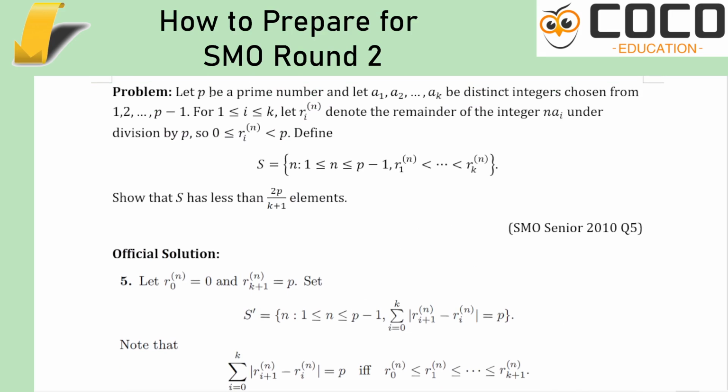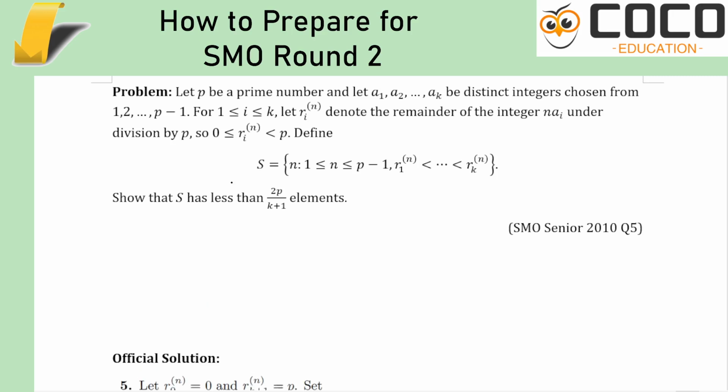Okay, so let p be a prime number. Let a1 to ak be distinct integers chosen from 1 to p minus 1. And for 1 less than or equal to i less than or equal to k, let ri(n) in brackets here denote the remainder of the integer n·ai under division by p. Okay, so what exactly is this notation? Essentially, this ri(n) is just n·ai mod p.